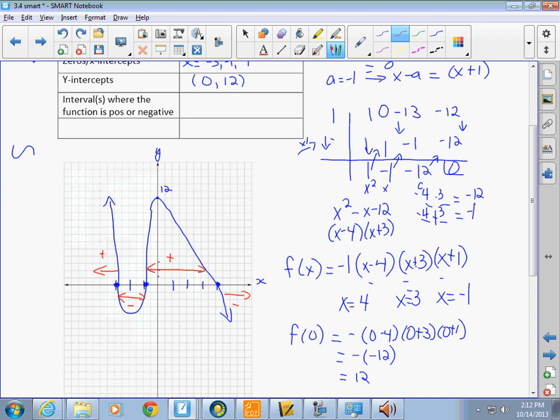So it's positive at x is less than negative 3, and then again when it's in between negative 1 and 4. My negative interval, and I don't know why I'm having trouble, is in between negative 3 and negative 1, and then again after 4.